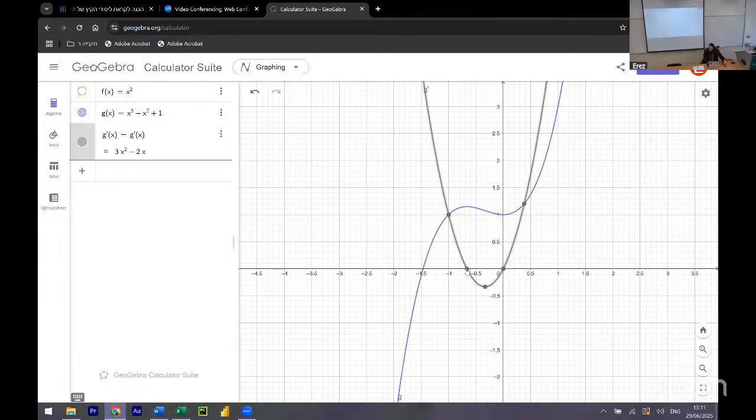That's the derivative, in gray. So until this point, the original function, the purple one, is increasing. Once the derivative is negative, the original function is decreasing, and the second the derivative is positive again, the original function is increasing.